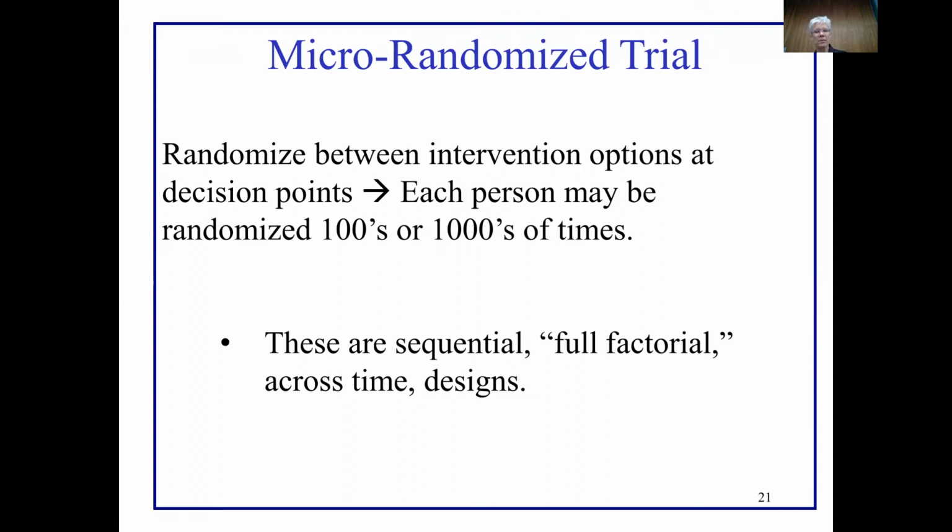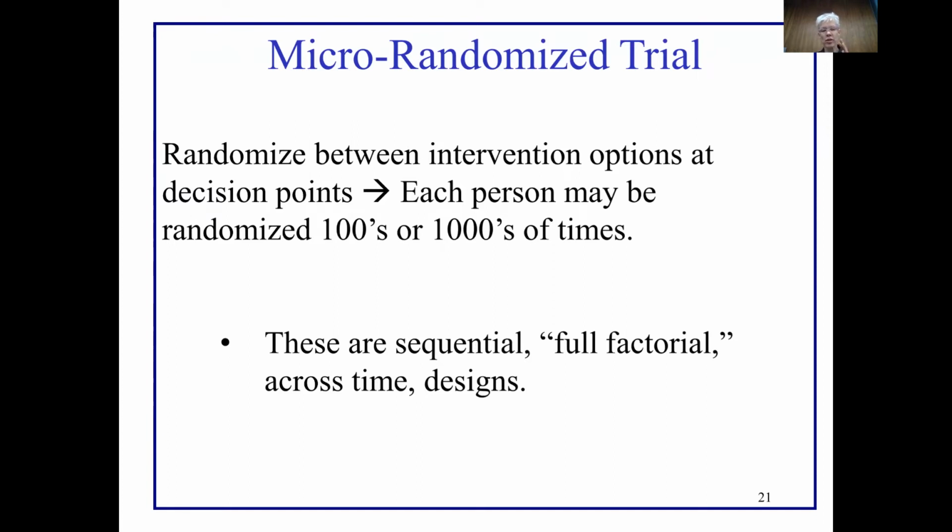Okay, so what happens in a micro-randomized trial? Here, each person is randomized many, many times. Every time they hit a decision point, they get randomized. So in HeartSteps, it's a 42-day study. There's 5 times a day. That means that each person could be randomized 210 times. And you can think of these as full factorial studies over time.